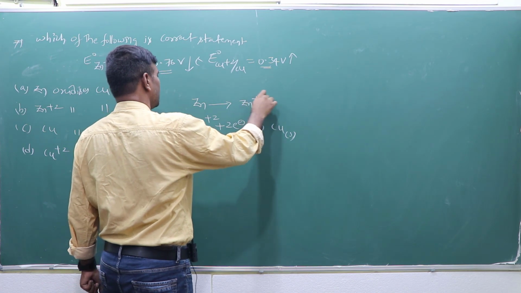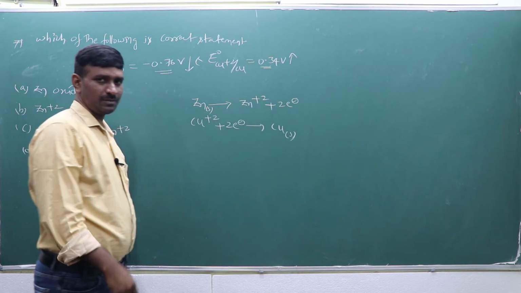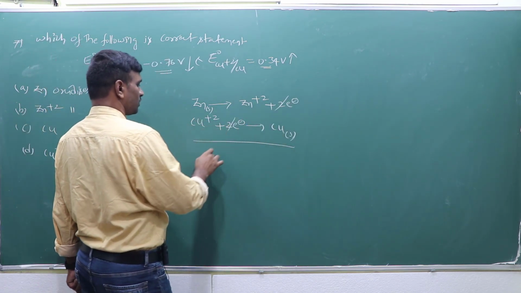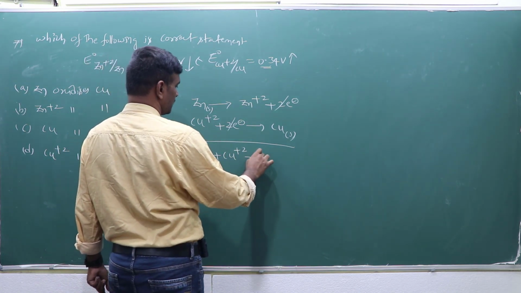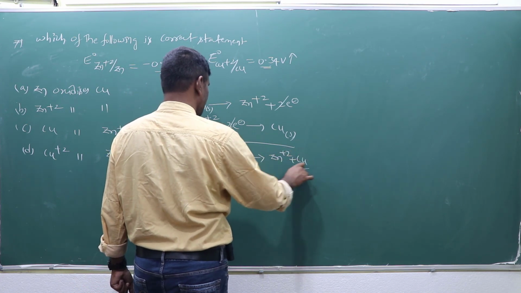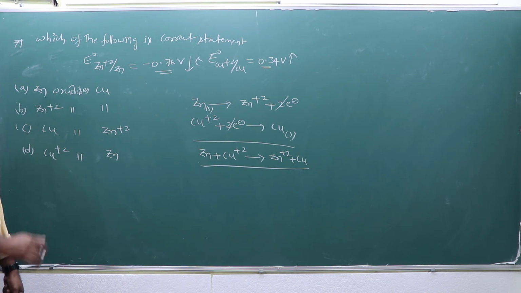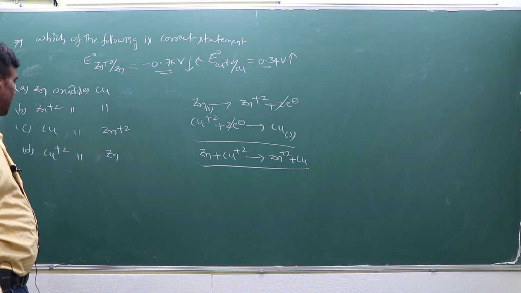Zinc becomes zinc plus 2 by losing 2 electrons, from solid neutral form. Now the total reaction is: zinc plus Cu plus 2 gives zinc plus 2 plus Cu. So from this reaction, what is stated?